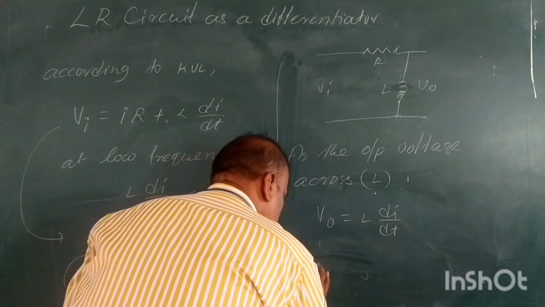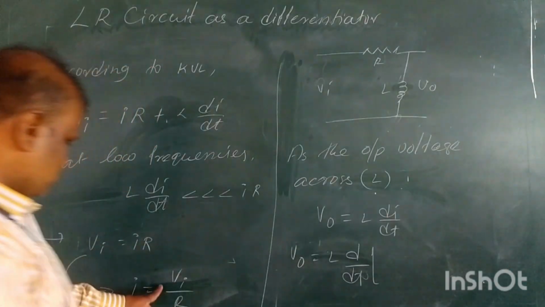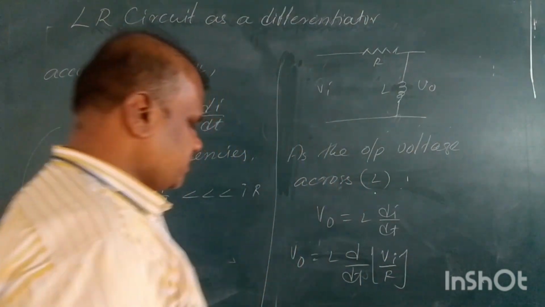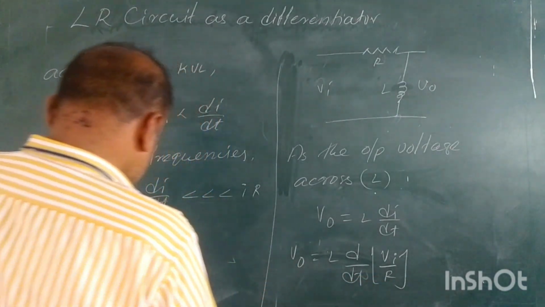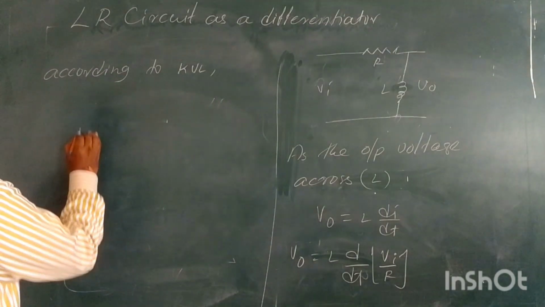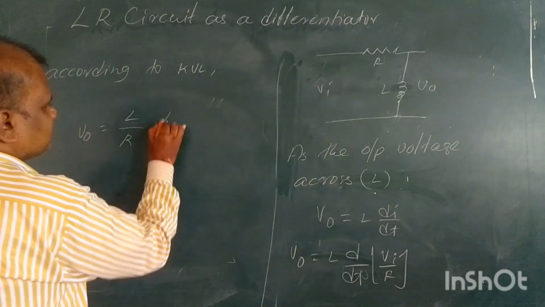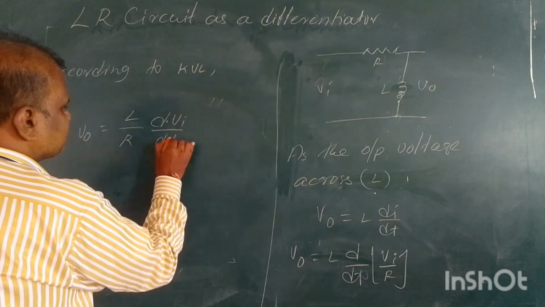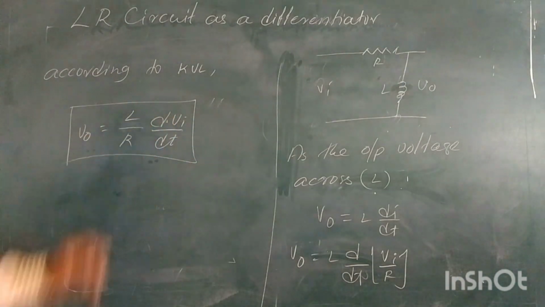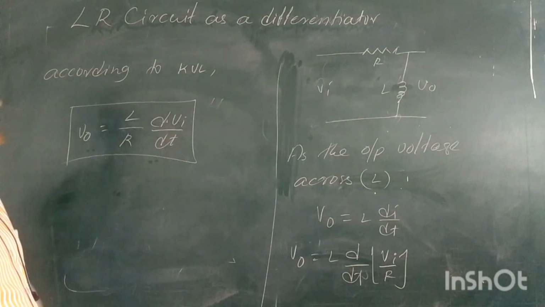Therefore the output voltage equals L di by dt, that is L d by dt, where I am going to substitute this I value, Vi by R. R is a constant, so you can take it out of the differentiation operator. Therefore V naught equals L by R dVi by dt. Here you can see the output voltage is the differential form of the input. So in this way an LR circuit can be used as a differentiator and integrator.